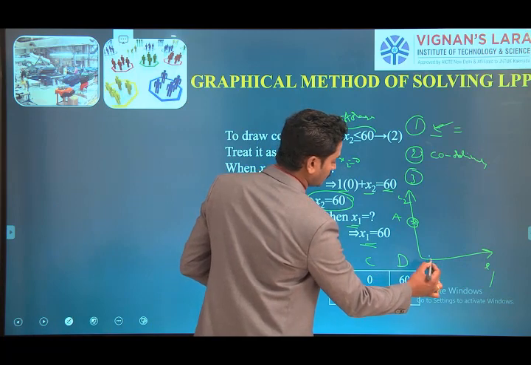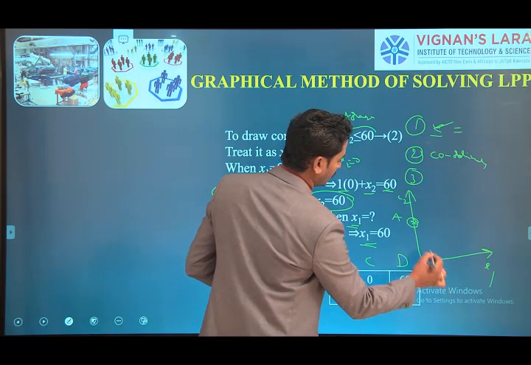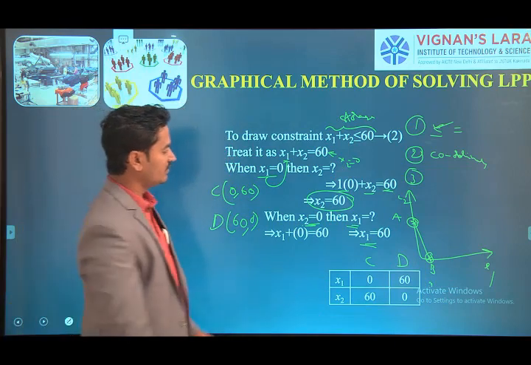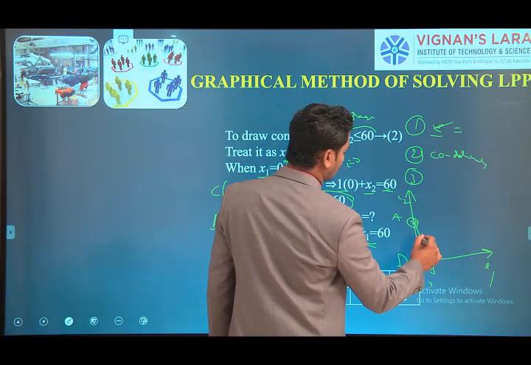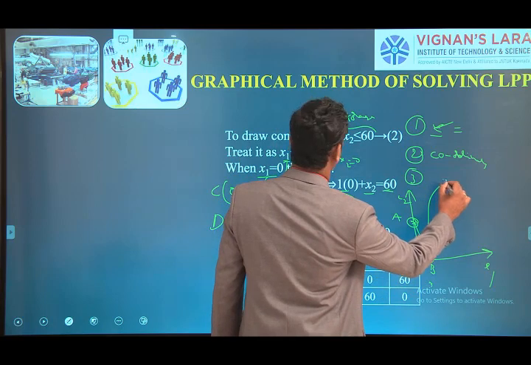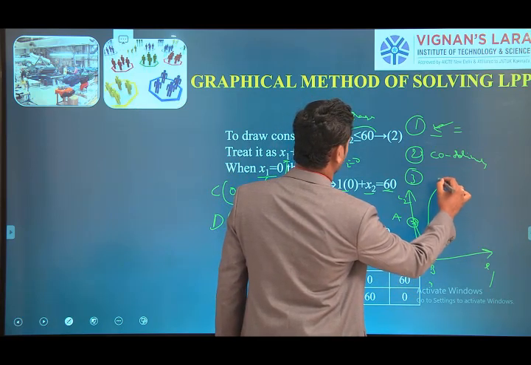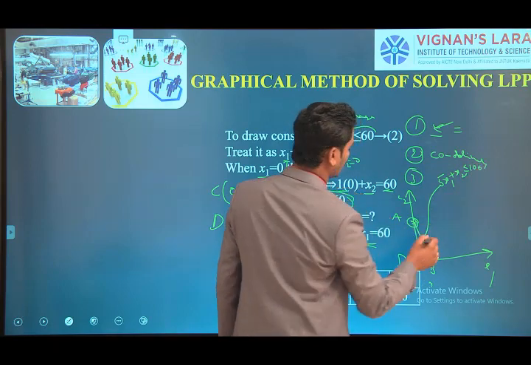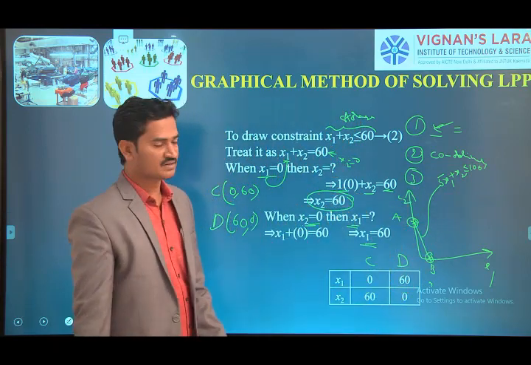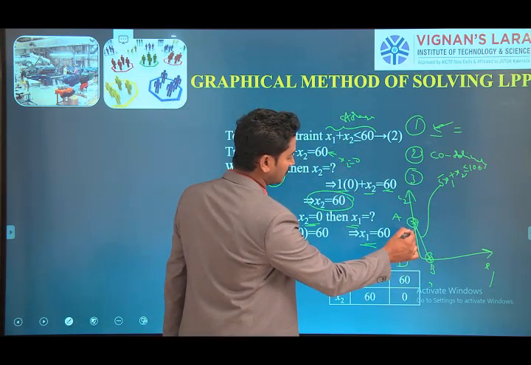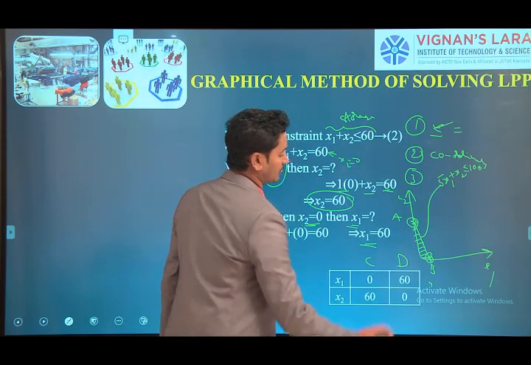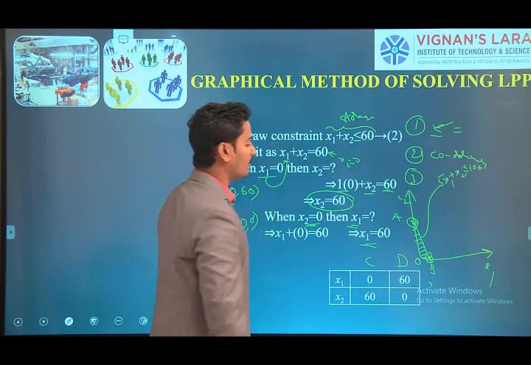If we have 20, 0 here, this is the B point. See this. Next, this is for equation 1: 5x1 plus x2 less than or equal to 100. It is a less than or equal to type constraint. That's why we are going to shade the below area, below the line, or towards the origin.